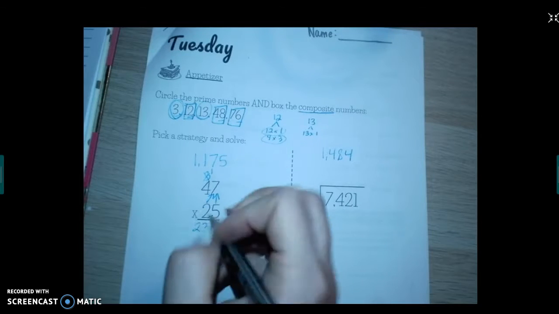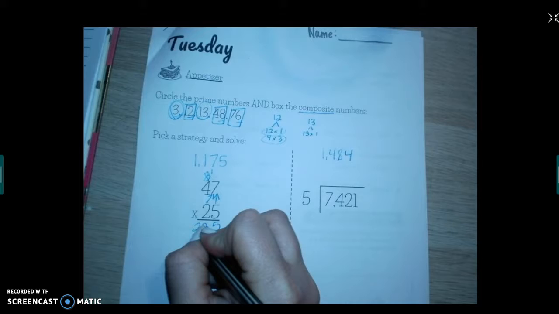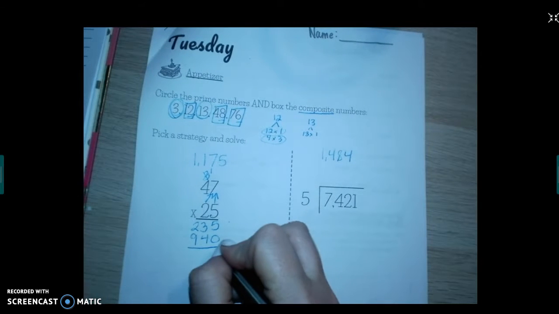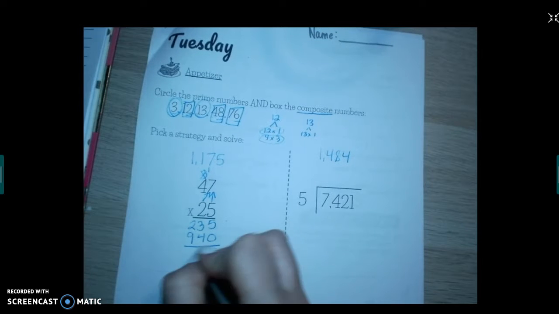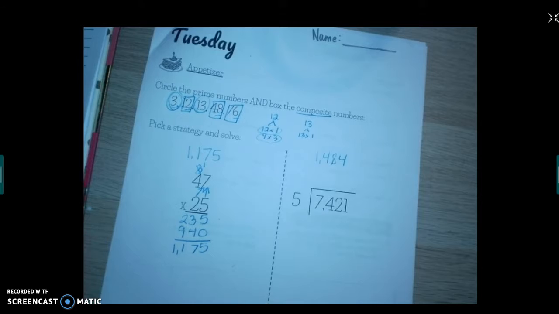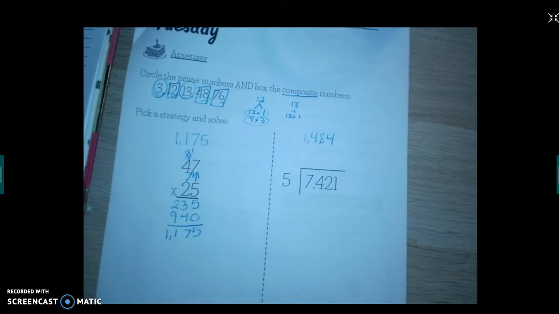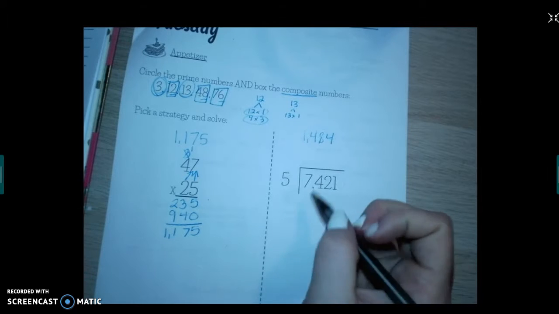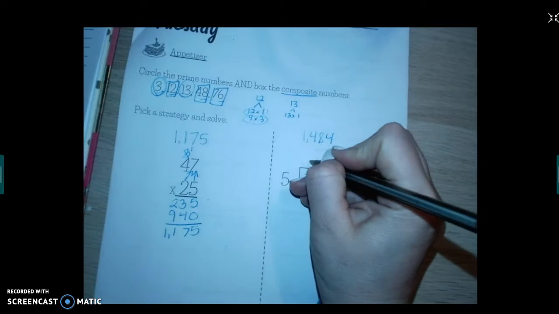Plus 1 is 9. Then we're going to add. We have 5, 7, and 11. 1,175.